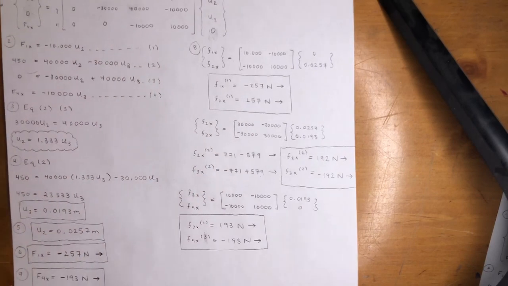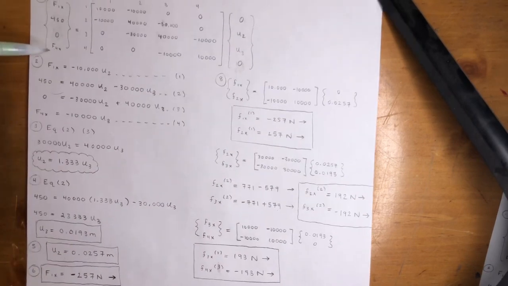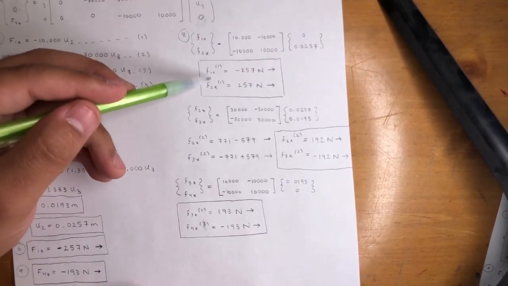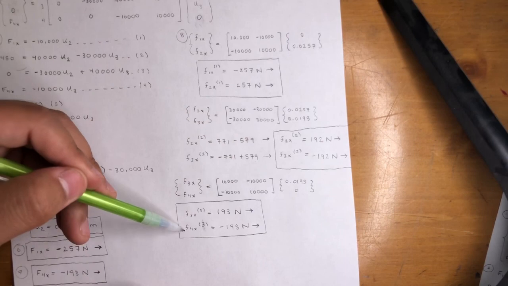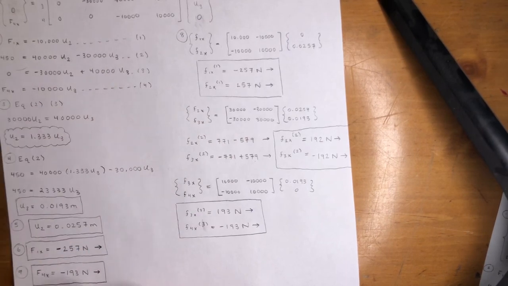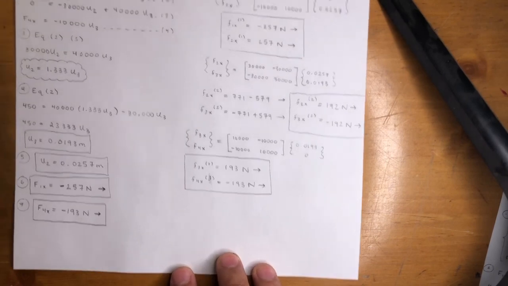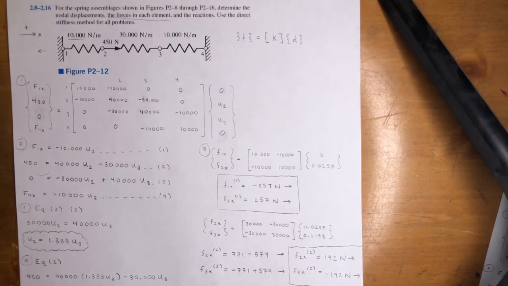So F3x is 0 indeed. Finally, F4x is negative 193. F4x doesn't appear anywhere except right here, negative 193. We did it right. So that's the answer to the problem. That's the bottom, and this is the top. I hope that helped, and we're good to go to the next one.